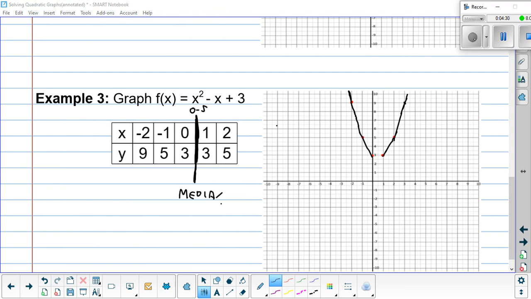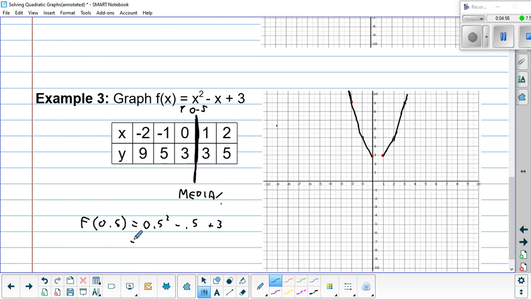The reason that helps us is that we can plug this 0.5 into our function. We could do f at 0.5, and that will give us our y value at our line of symmetry. So we plug in 0.5 and square it, minus 0.5 plus 3.